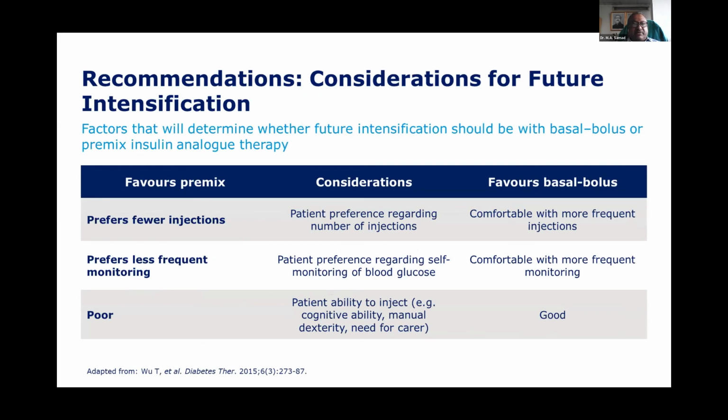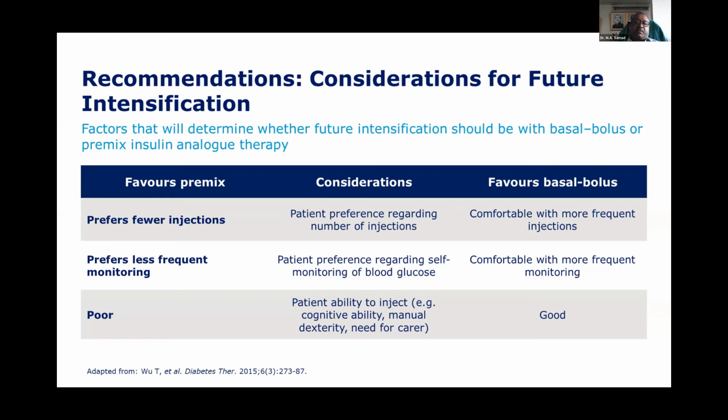Again, what are the future intensification recommendations? Patient preference regarding the number of injections is required. If the patient prefers fewer injections, then you go for premix insulin. If the patient is comfortable with more injections, then you can go for basal bolus injection. If the patient prefers less frequent self-monitoring of blood glucose, and if the patient is comfortable with monitoring frequently, then it favors basal bolus insulin.